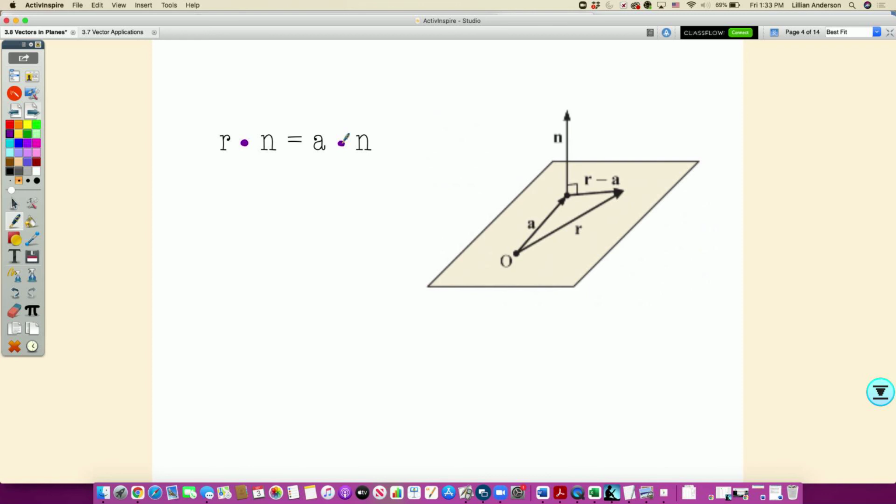We would do the dot product between some vector R, that normal vector that's perpendicular to the plane, and then another vector that's on the plane. So remember, R and A represent the vectors in which the normal is perpendicular to, and N is your normal vector. So this is how you could create a vector equation of a plane. And you'll see how this is used in some future examples.